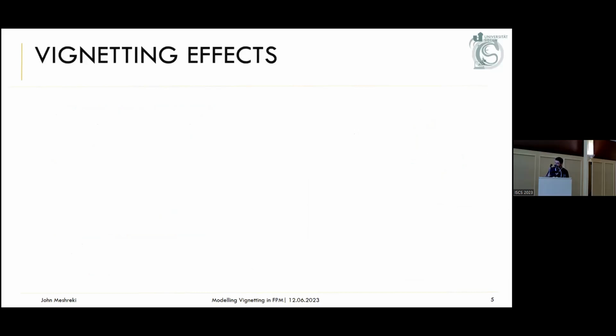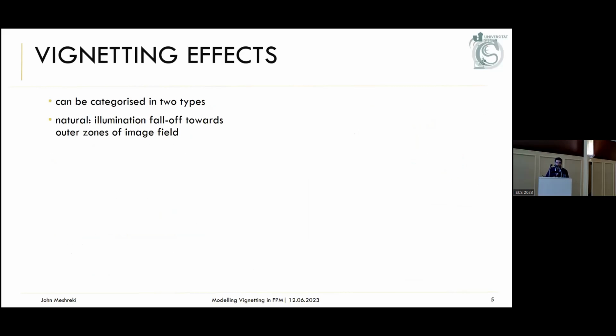The second source of this mismatch is the vignetting effects, which I mentioned before. Vignetting can be categorized into two types. The first is called natural, and this is basically the illumination fall-off as we go towards the outer zone of the image field.